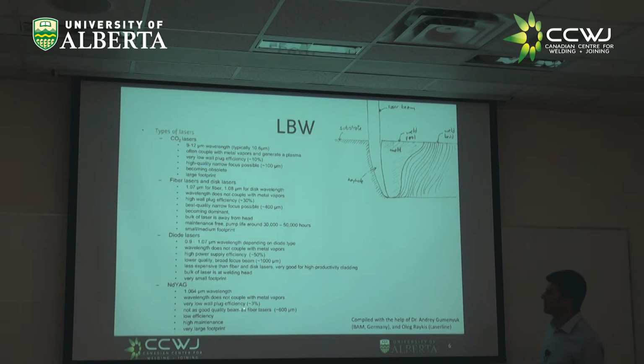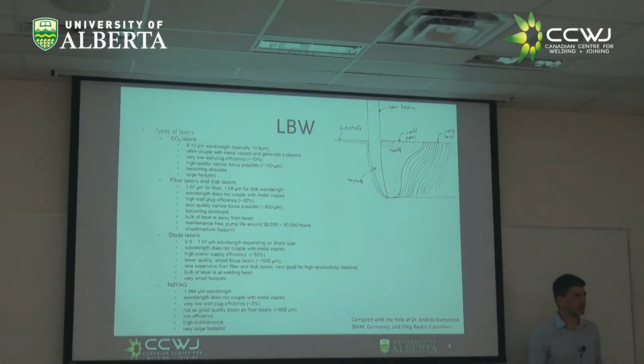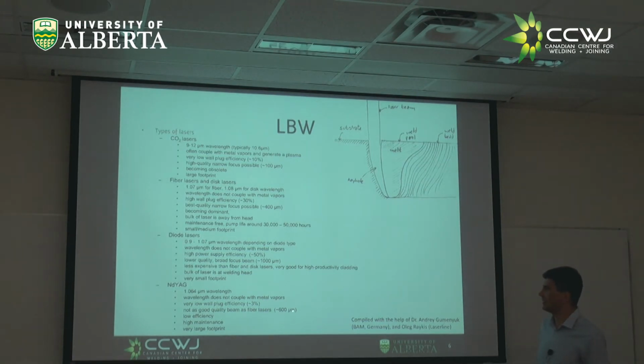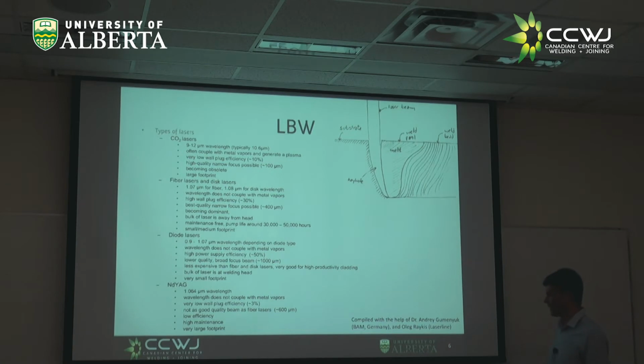The wall plug efficiency, look at the neodymium lasers, is more or less 3%. That means you should have something like 33 kilowatts per kilowatt delivered. Not so good. And the beam quality is not as good as the fiber lasers.